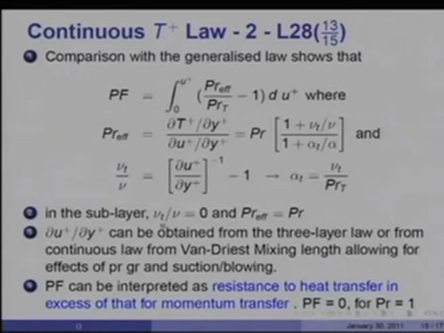So in the laminar sublayer nu_t by nu goes to 0, and Prandtl effective would simply go to the Prandtl number, because dT+/dy+ there is equal to the Prandtl number, and du+/dy+ is 1. And therefore the task is simply this: how do we determine P_f as a function of u+? Well, we need the values of du+/dy+.